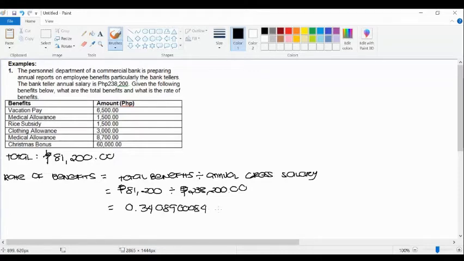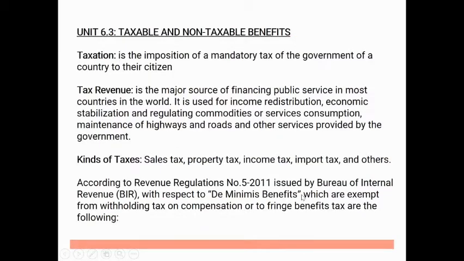If we round this off to two decimal places, and make this into a percentage, it will give us an answer of 34.09%. So therefore, the total benefits of a bank teller are 81,200 pesos, and the rate of benefits is 34.09%. Our next topic will be taxable and non-taxable benefits.